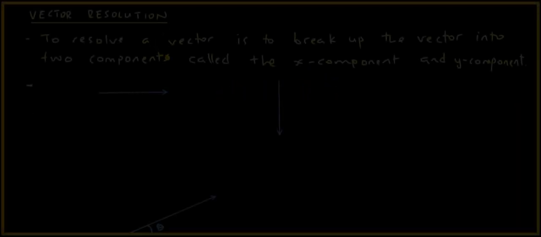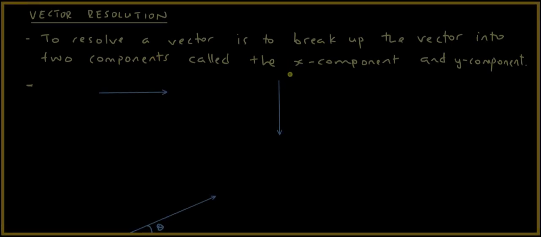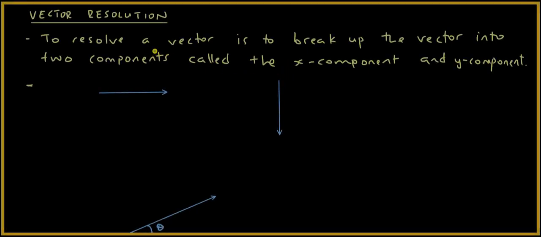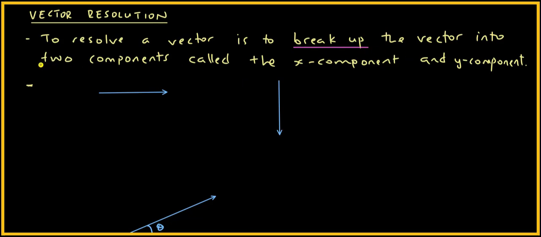Vector resolution is when we break up a vector into what are called horizontal and vertical components. To resolve a vector simply means to break it up into two components or two parts. These parts are the x component and the y component.